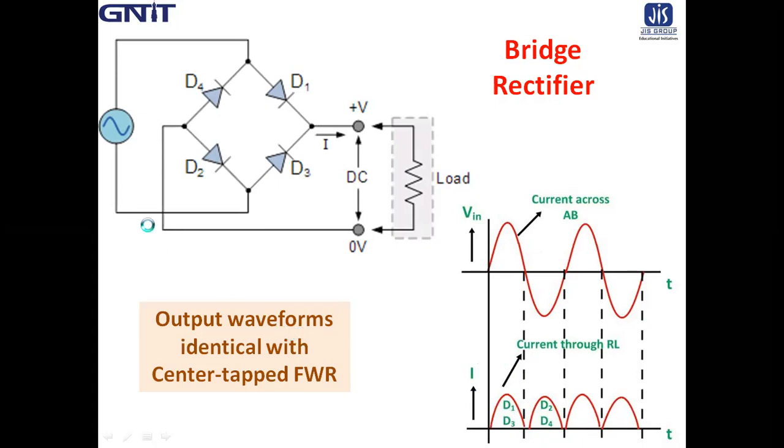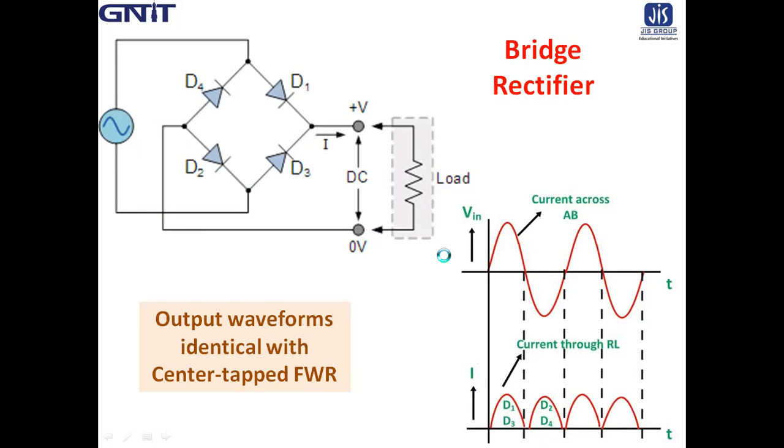And see here, 4 diodes are required. An input AC signal is supplied, the resistance is connected from this terminal to this terminal, and this terminal is grounded. 0 volt means it is grounded.